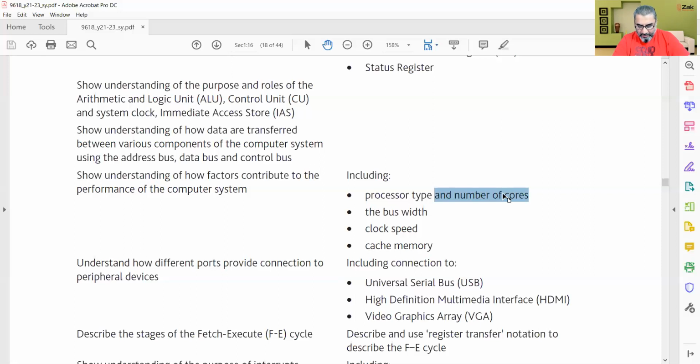The use of different number of cores, where one core is made up of ALU, CU, and registers, can improve computer performance. Many computers are dual core. Dual core means the CPU is made up of two cores, or quad cores. Quad cores means that the CPU is made up of four cores.